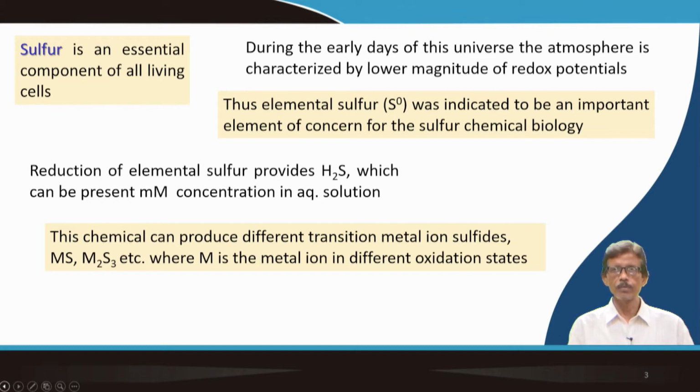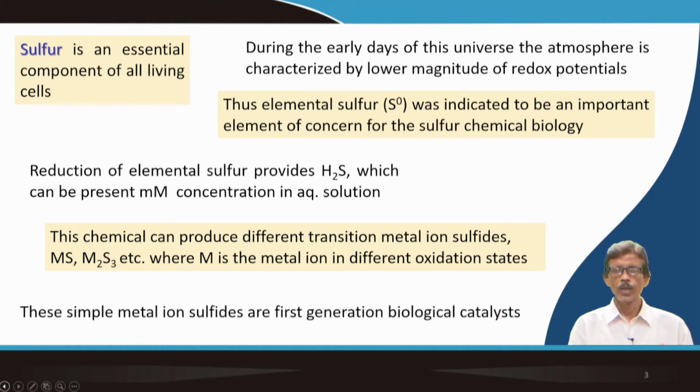The group separation table we handled also depended upon the different sulfides. If we have the metal ion in the bivalent and trivalent state, we can have MS, the typical sulfide, or M2S3, depending upon the two different oxidation states, +2 as well as +3.